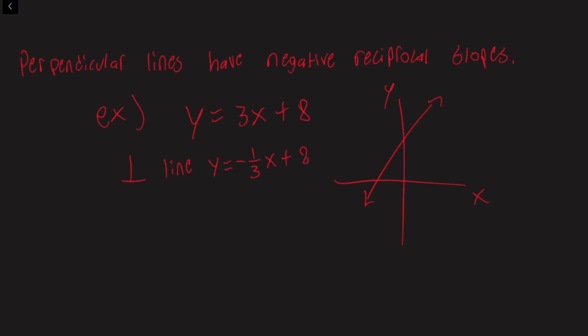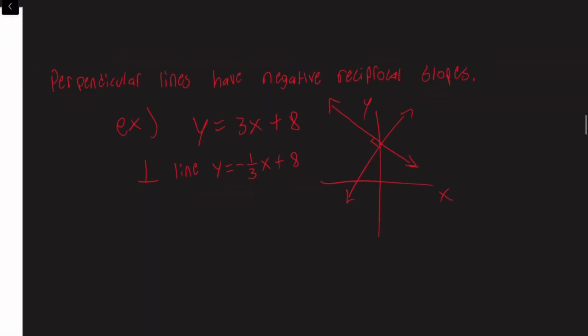And we can even use the same y-intercept. And these two lines that I just drew are going to have a right angle in between them when they intersect. Take a moment to write that down, and then we'll just do some practice problems.